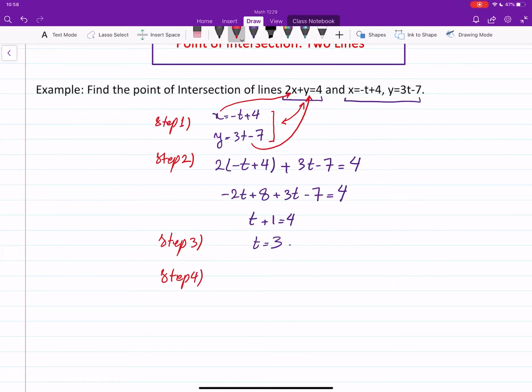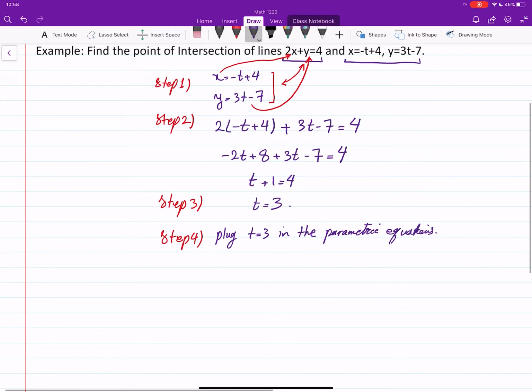Step 4, plug t equal to 3 into the parametric equations. In this case, we just need to put t into those.